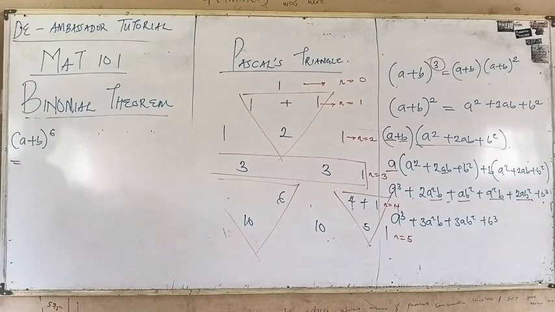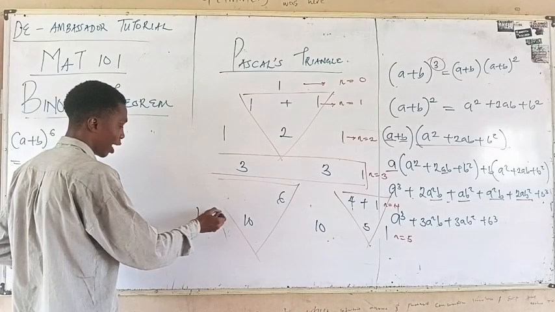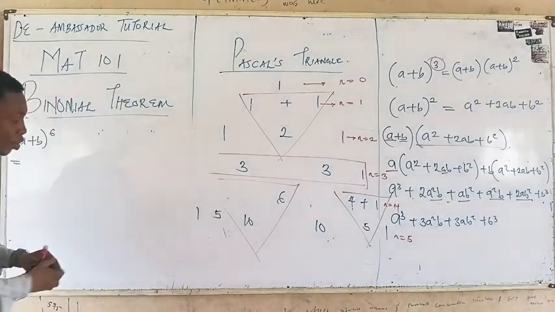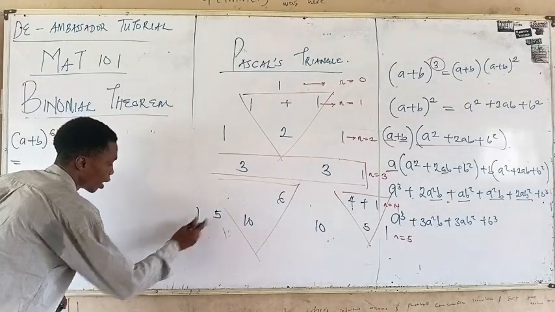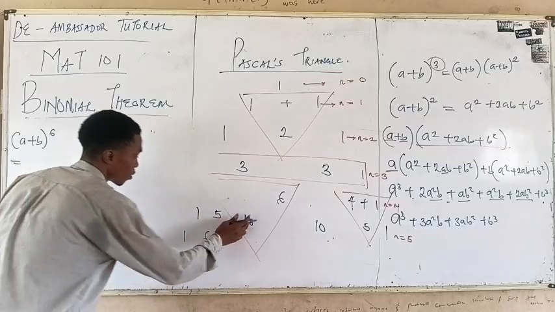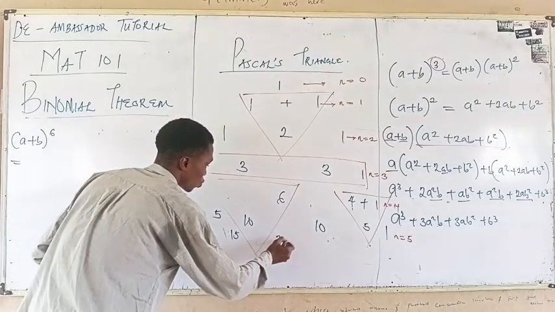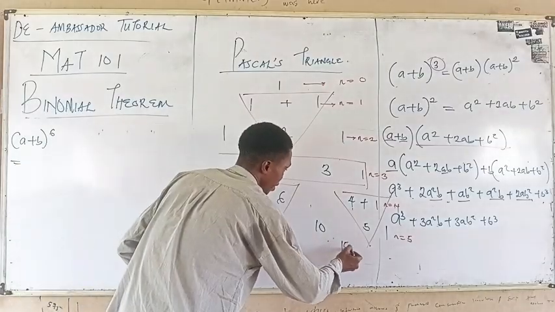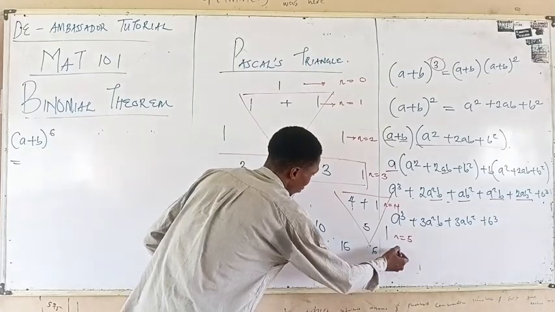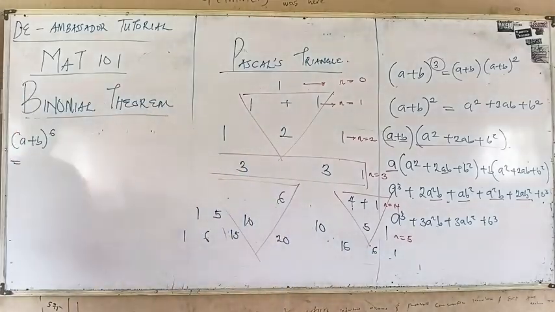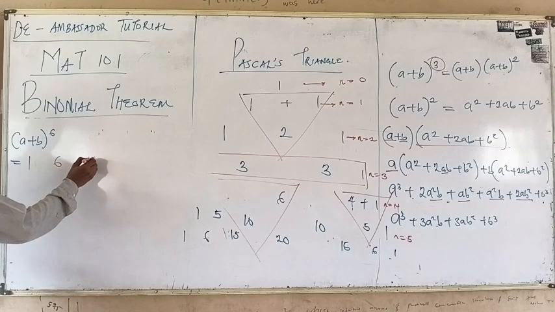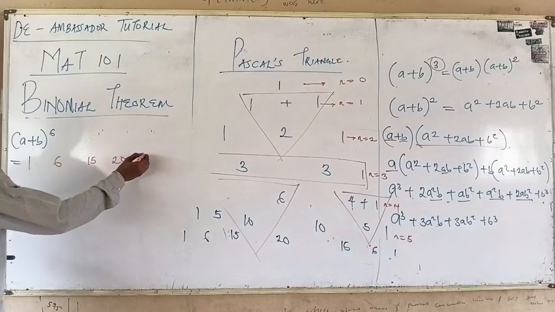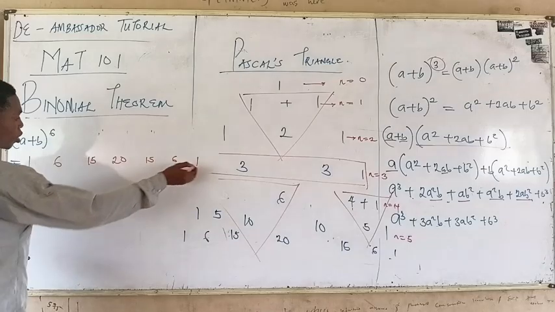The first thing, at this side we have 1 and 5, isn't it? So when I add these together, it turns to 6, 15, 20, 15, 6, then 1. So the coefficients are 1, 6, 15, 20, 15, 6, and 1.